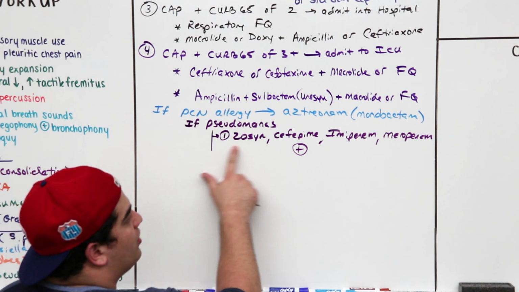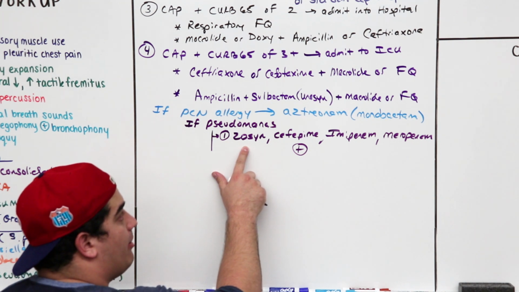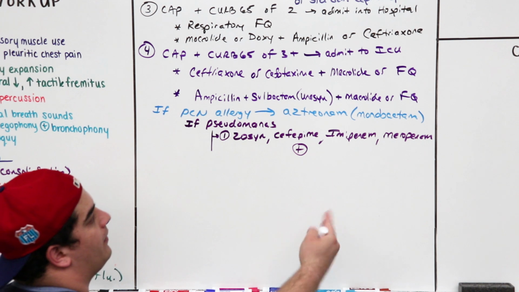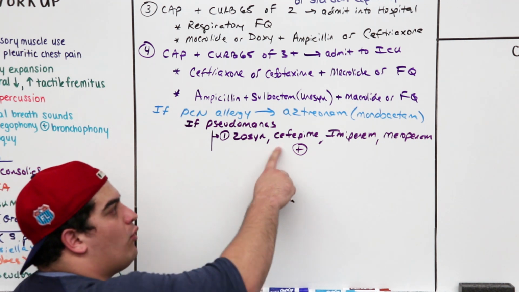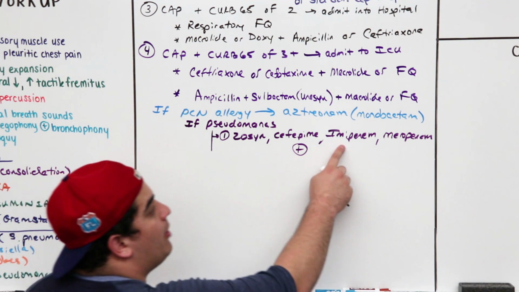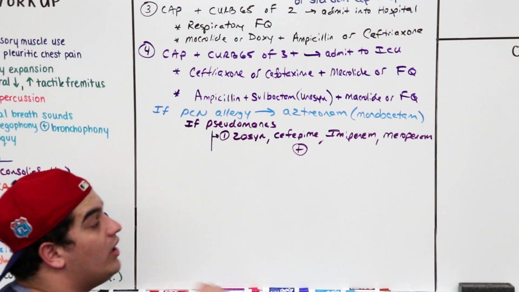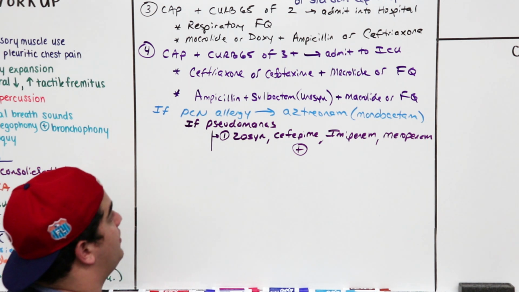Now, just to give you an idea, Zosyn is actually tazobactam, which is a beta-lactamase inhibitor, and piperacillin, which is a type of penicillin. It's an anti-pseudomonal penicillin. Cefepime is a cephalosporin, particularly a 4th-generation cephalosporin. And then imipenem and meropenem are types of carbapenems. The carbapenems are really powerful broad-spectrum antibiotics that cover a lot of different types of infections.